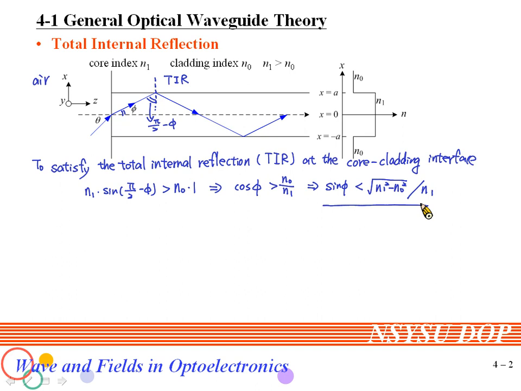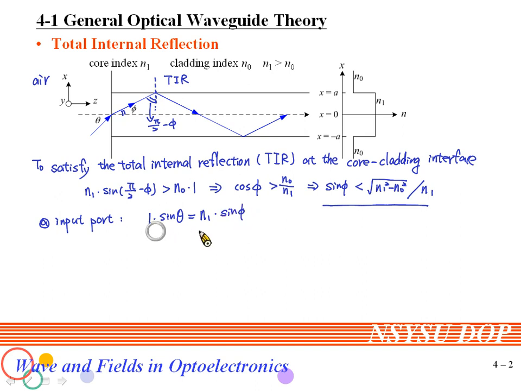Okay, then we go to the input port here. At the input port, the signal with angle theta to the waveguide axis is launched into the waveguide. So at this interface, it must satisfy Snell's law. We have 1 times sine theta equal to N1 times sine phi.